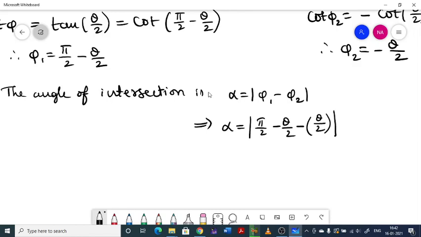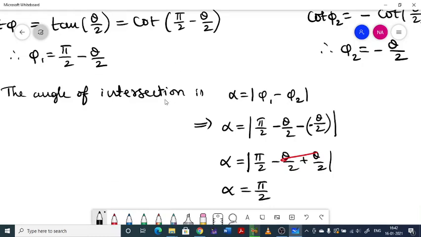So alpha equal to modulus of pi by 2 minus theta by 2 plus theta by 2. So theta by 2 get cancelled. So alpha equal to pi by 2. Hence the given pair of curves intersects orthogonally.